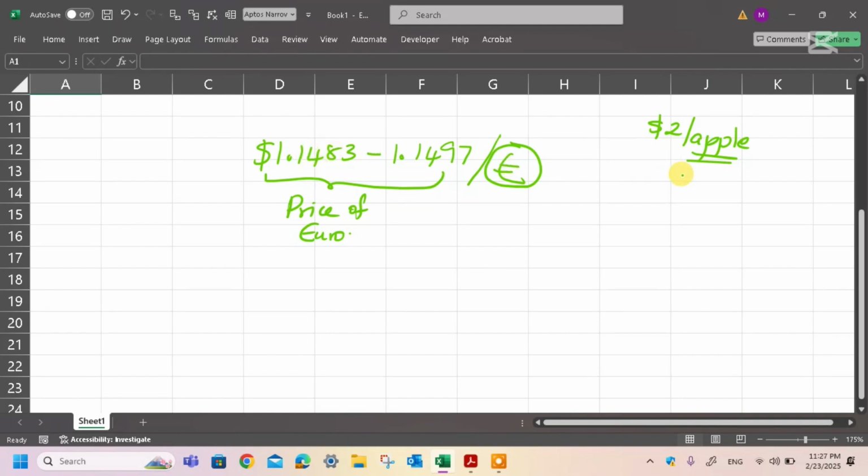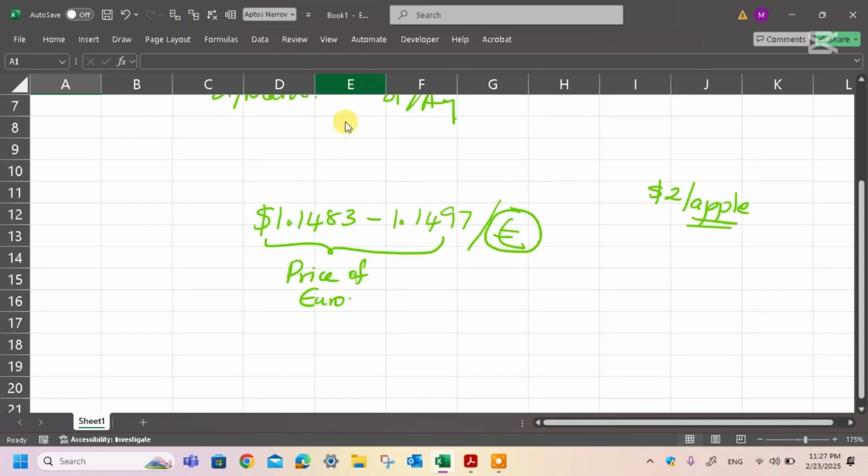Like an apple trader will buy and sell apples, here the bank is buying and selling currencies. So the bank has to make a profit, which means the bank will buy euro at the lower rate. This is where the bank buys euro, and at this rate the bank sells euro. Makes sense. They buy for the lower price and they sell for a higher price.